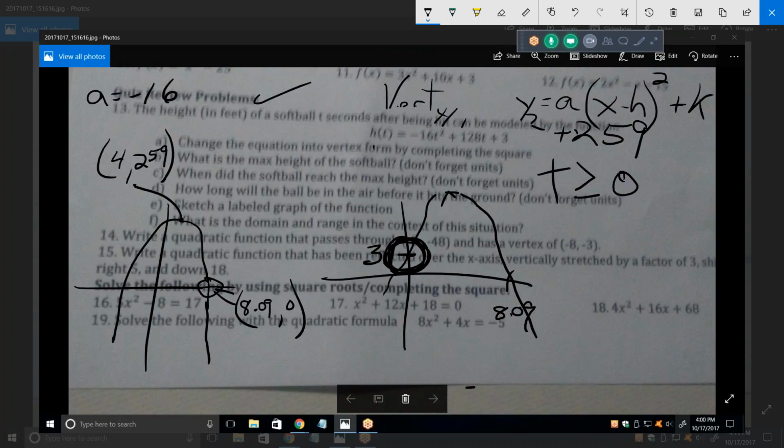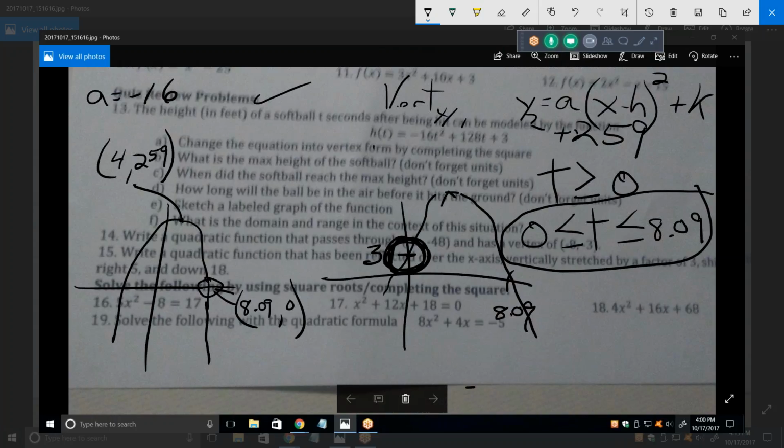Now, I guess once you've answered the previous problems, then it really becomes this: t is greater than or equal to 0 and less than or equal to 8.09, right? Because once it hits the ground, it stops moving. So I guess you could say the domain in the context of this situation is between 0 and 8.09.